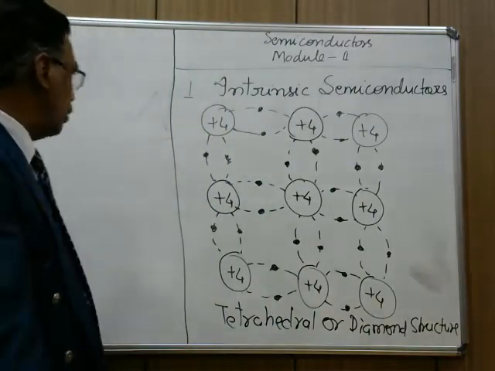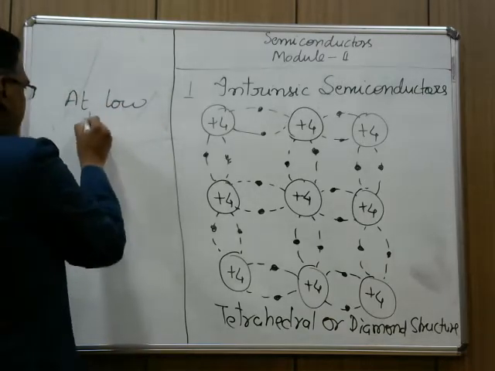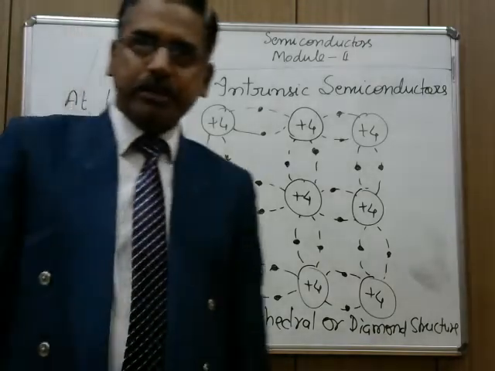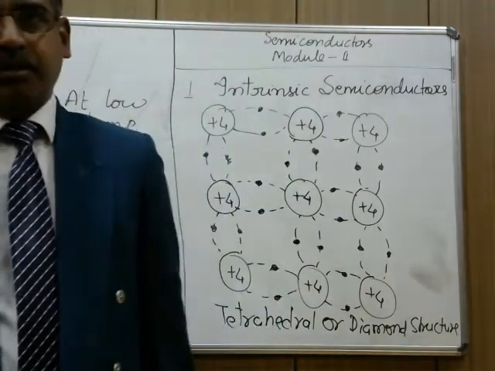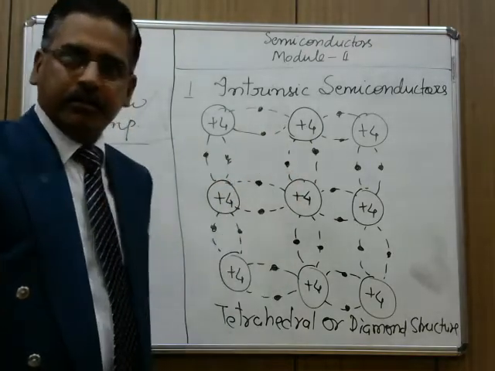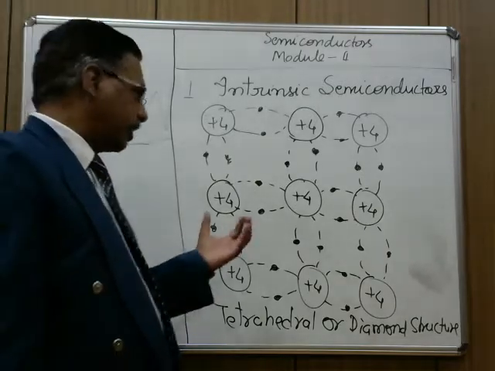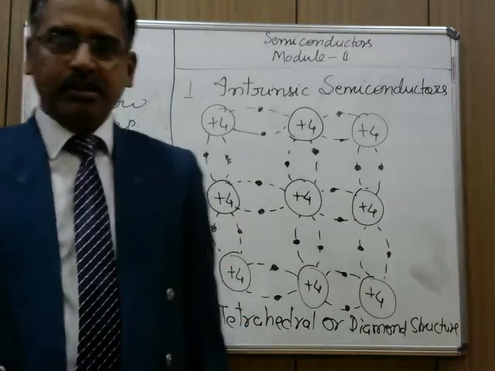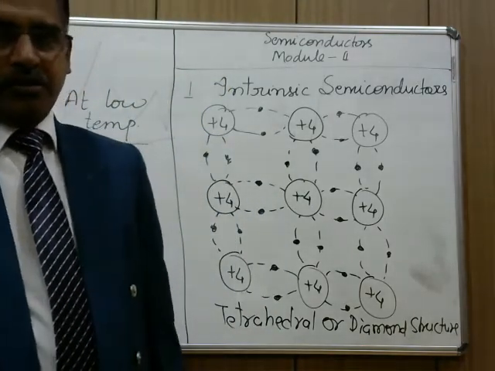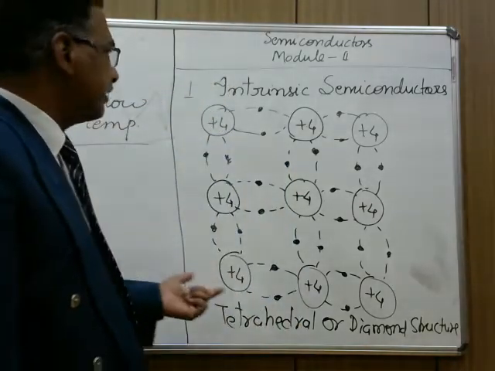Now, at low temperature, this is a very important point to understand. At low temperature, these covalent bonds are strong and stable. Therefore, there is no free electron available to conduct, and therefore, at low temperature, pure semiconductors behave like insulators, which I told you in the previous module also.